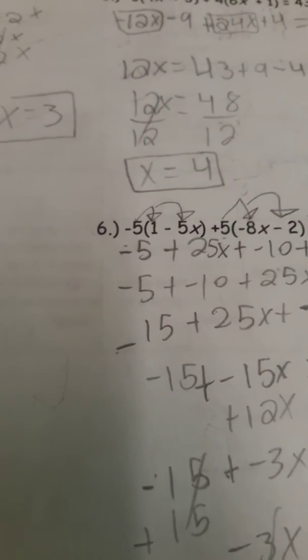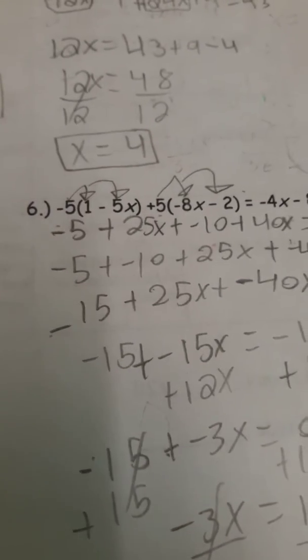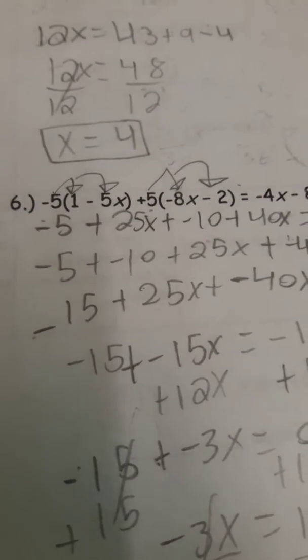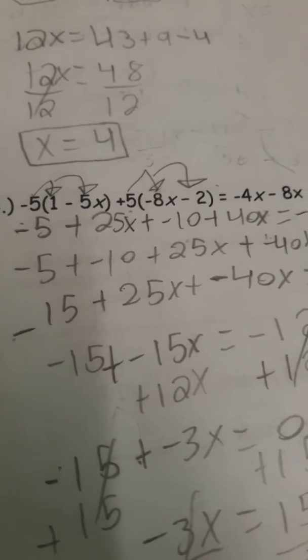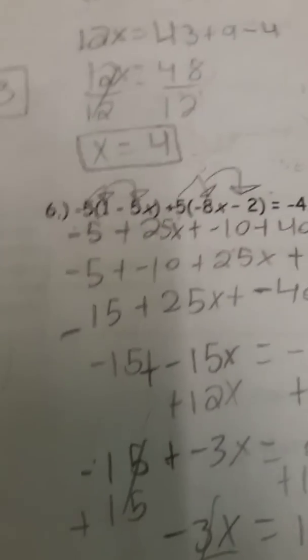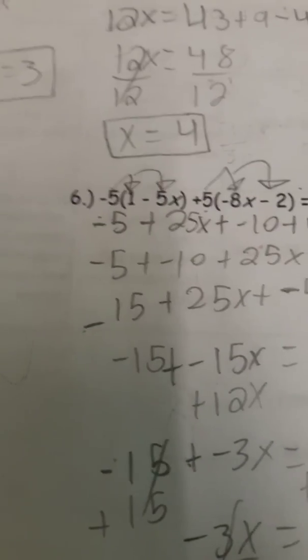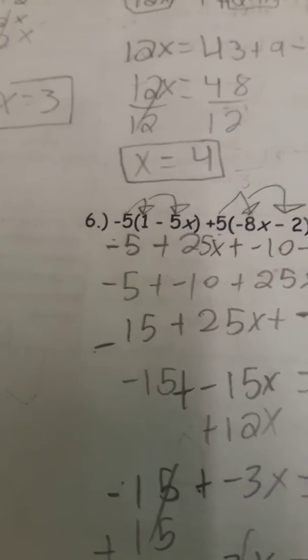Negative 5 (1 minus 5x) plus 5 (negative 8x minus 2) equals negative 4x minus 8x. So first, we have to do negative 5 times 1 equals negative 5. Make that into a plus sign.